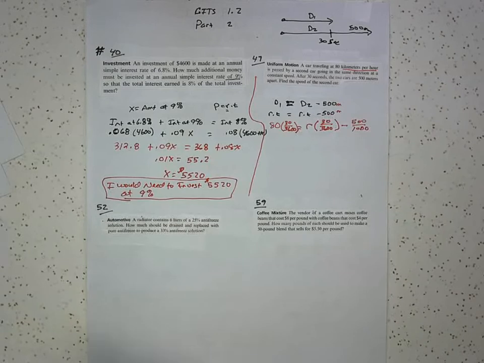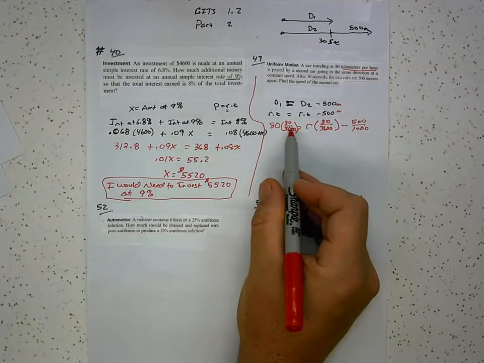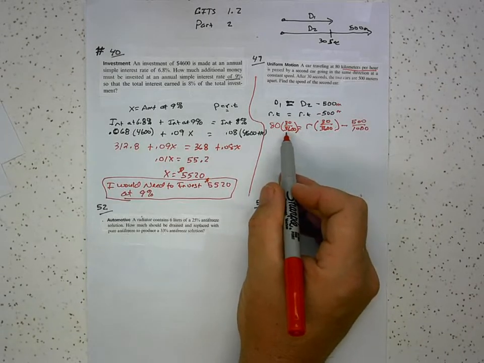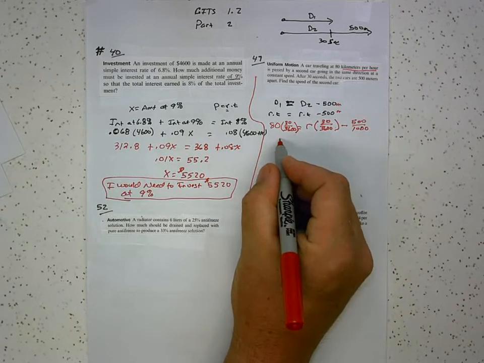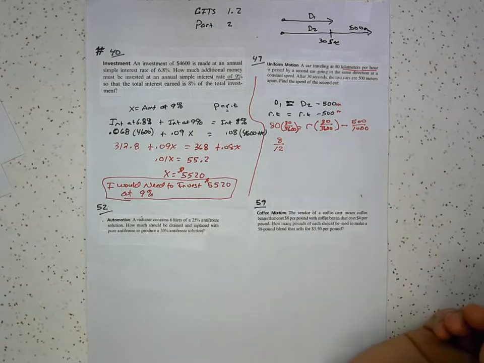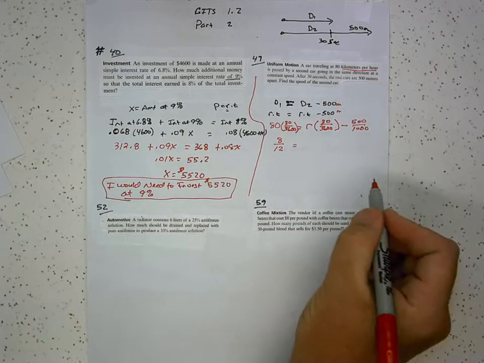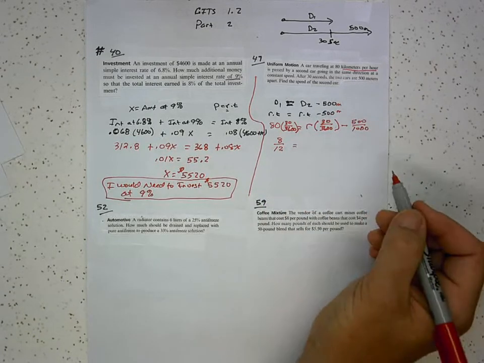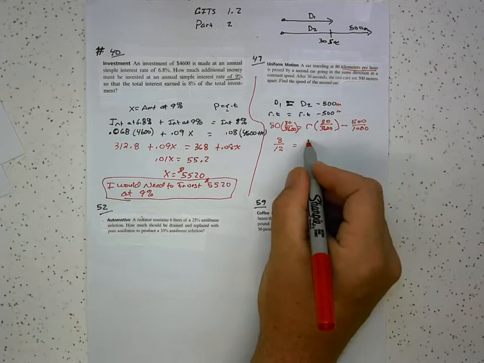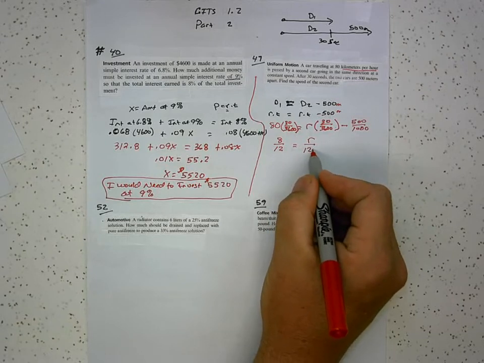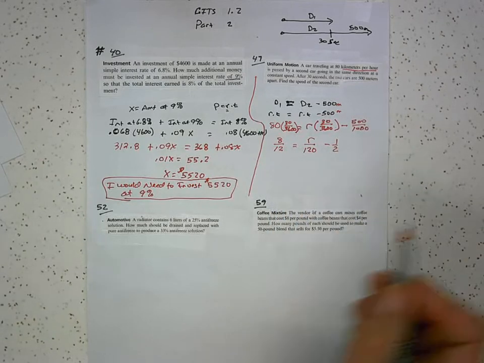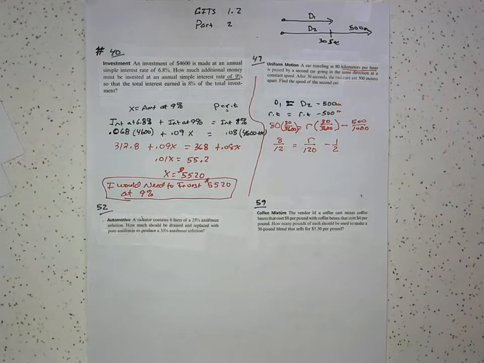So just a little bit of simplification here. If I simplify 80 times 30 over 3600, I end up with 8/12, which I know isn't reduced. And this ends up being R over 120, and that's 1/2. Okay, we solve this out then.